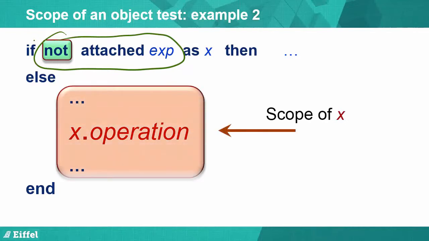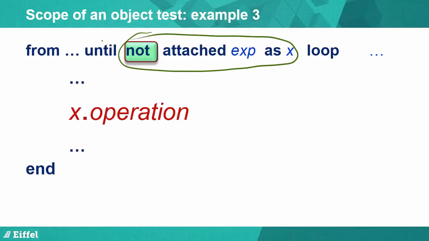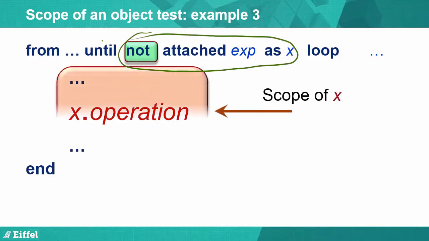Then in that case we can use x dot operation for any operation in the else clause. The third interesting case is that of a loop in which the exit condition again is a negation, not attached exp, and in that case the scope is the body of the loop.